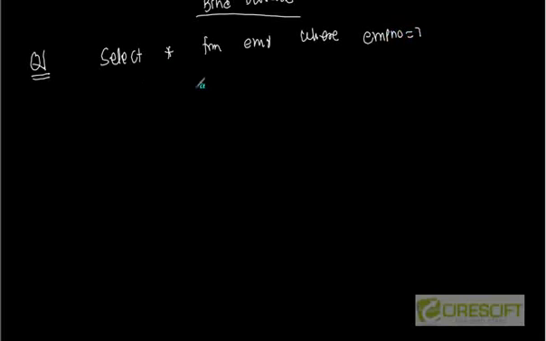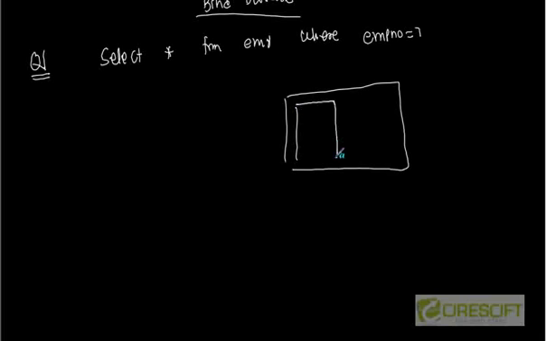In my shared pool, in my library cache, I have something called the SQL area. For the first time, I compile this, make sure the employee table is there and employee number is a column, make an execution plan, and store that execution plan and the parse structure inside the SQL area.